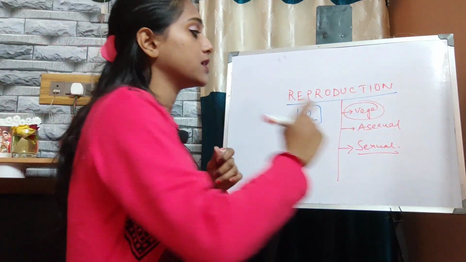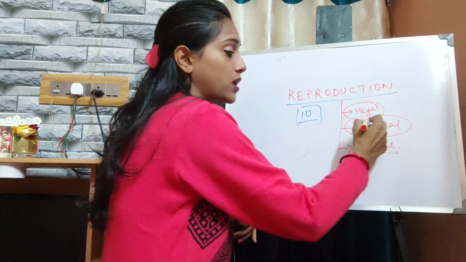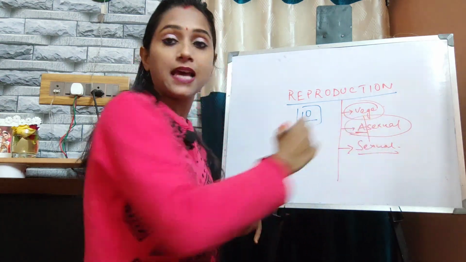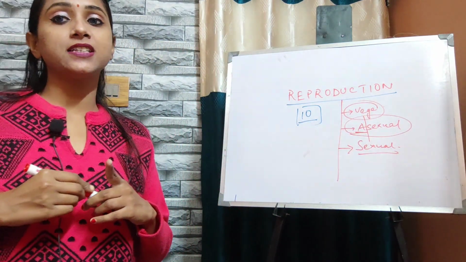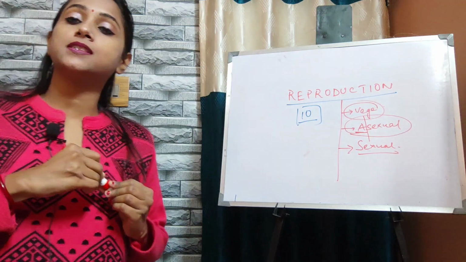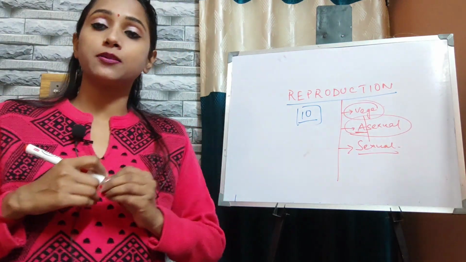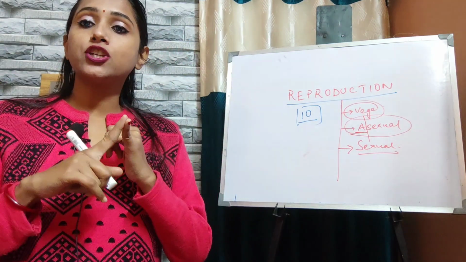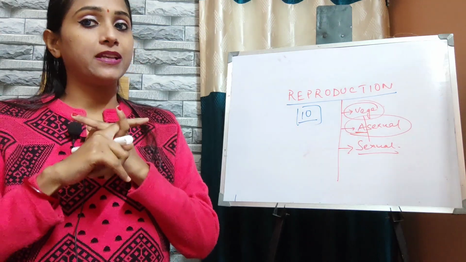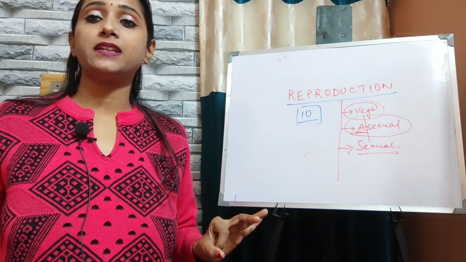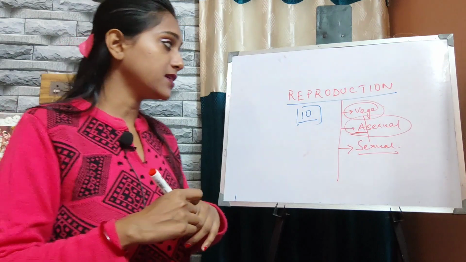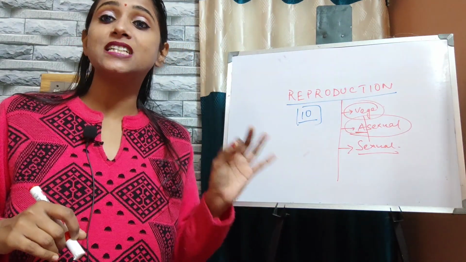Now we are going to asexual reproduction. Asexual means absence. Absence of sexual reproduction is termed asexual reproduction. That means here no formation of gametes takes place. Another thing is that it is not biparental, it is uniparental.